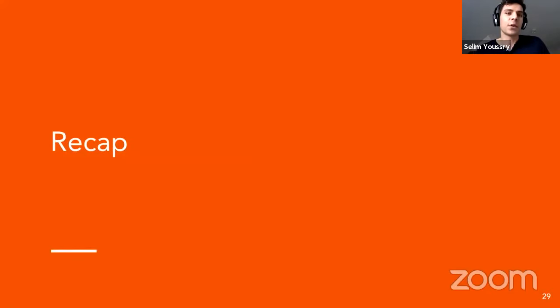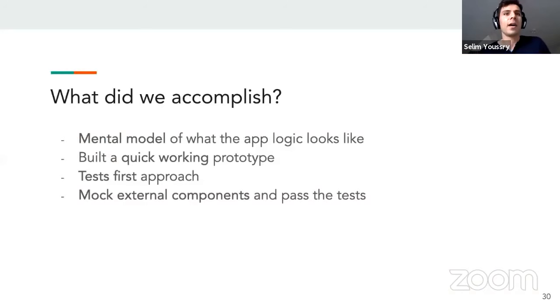Cool. All right, so let's recap what we've done, and hopefully a few takeaways that you can have. What did we accomplish? We've gotten a mental model of what an app logic in the broad can look like. We built a quick working prototype. Probably in a few hours, you can get that mental model if the app is as simple as that, with the definitions of the interfaces that you can start playing with.